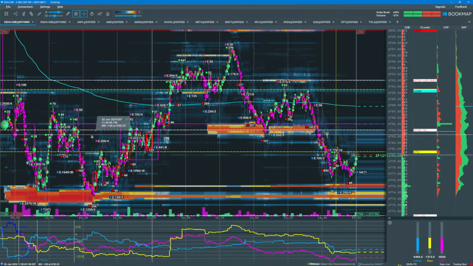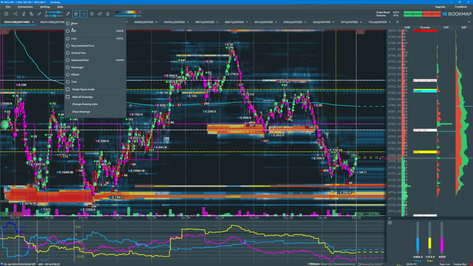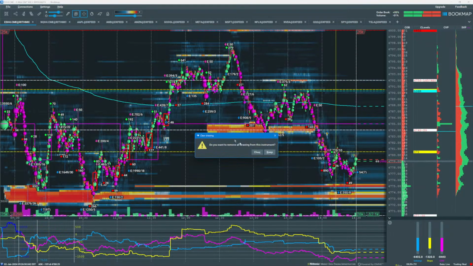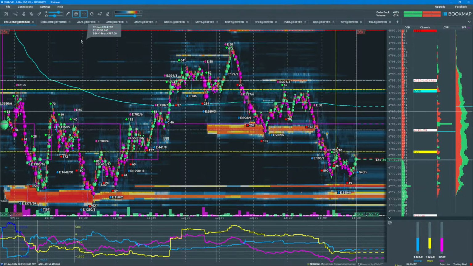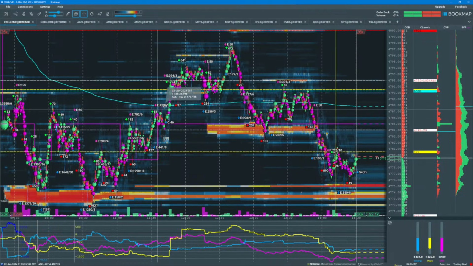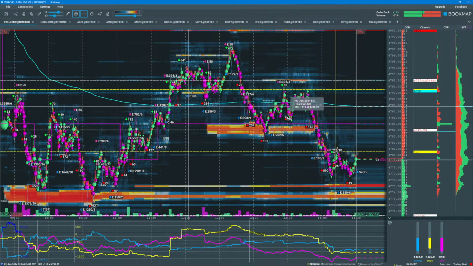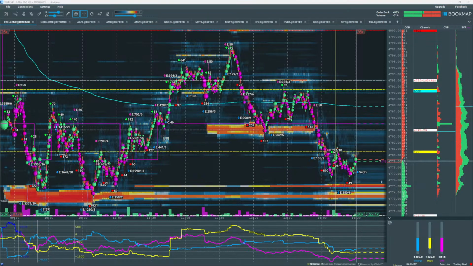So ES not quite down to the lows of the day. Clean that up a little bit. But there's still some liquidity at 75 and 73. And a few iceberg buys.